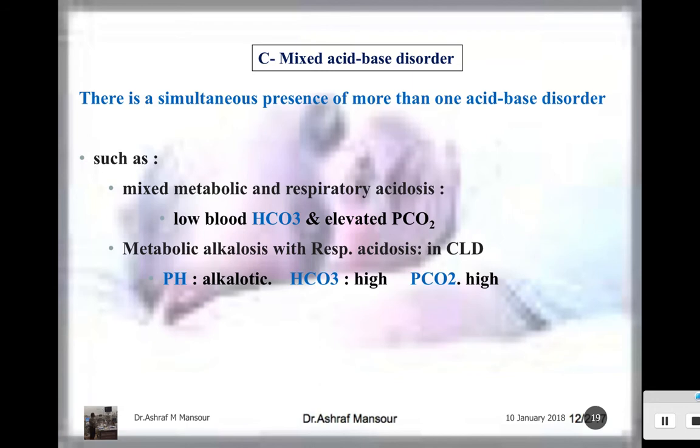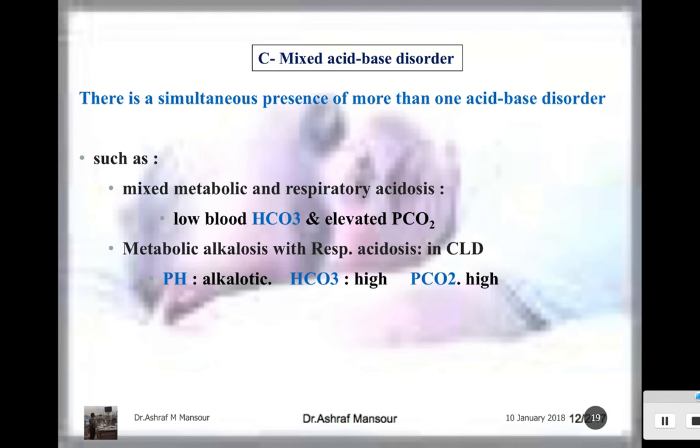Another example is the metabolic alkalosis. At the same time, there is an element of respiratory acidosis, because the respiratory system is not free, like in case of chronic lung disease. The pH is alkalotic, bicarb is high, the PCO2 is still high, and here it is not a compensation.